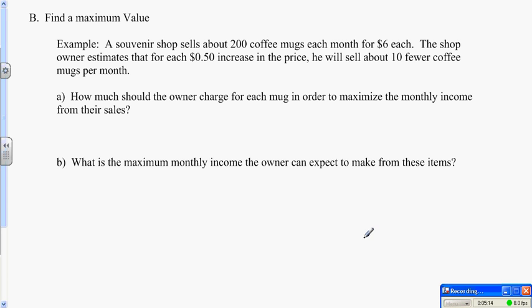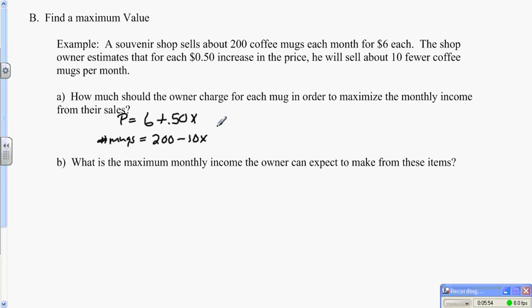Now we have some things to consider. We have the price. Well, right now the price is $6, and you're going to add 50-cent increments, but you don't know how many. This is the price. Then we have the number of coffee mugs. Well, that's 200, but they will decrease 10 every time you make a price change.